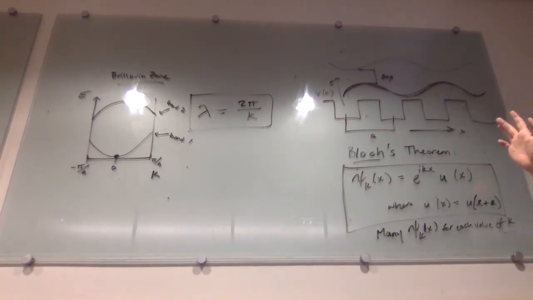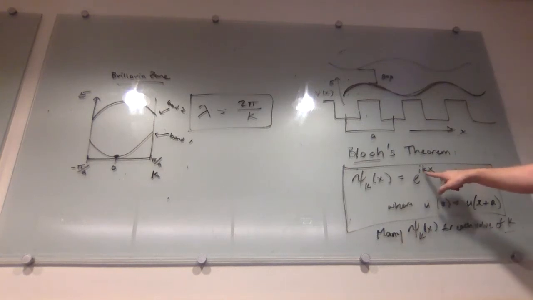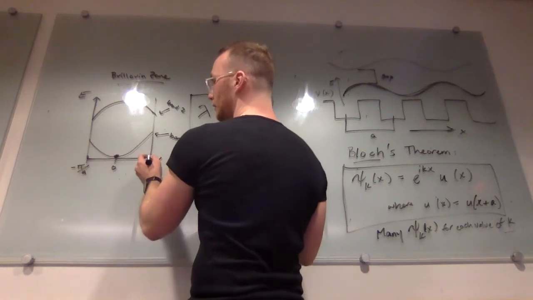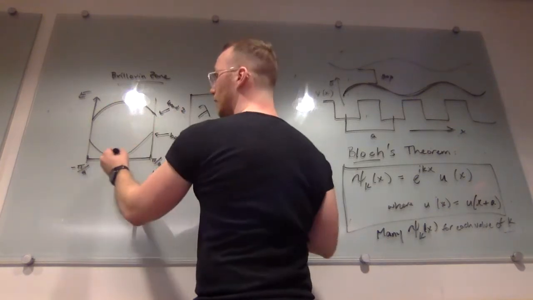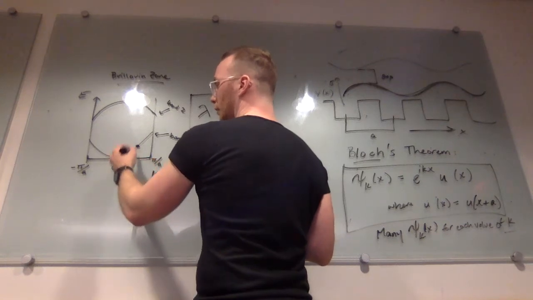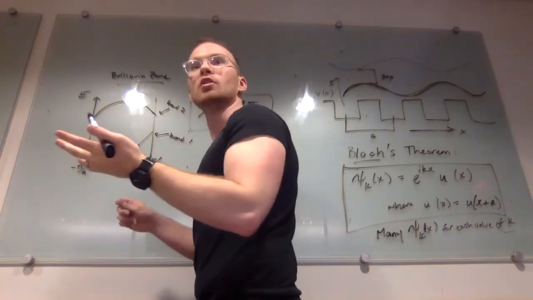It's not as clear as before, because before I had to choose my quantum number n. But now it seems like I could choose any real number for k. It has to be between here and here because it loops around. But if I choose k equals pi over 2a, which is here, that's a state too.